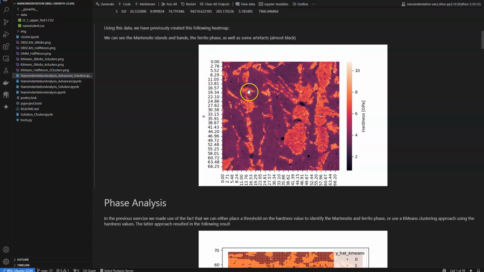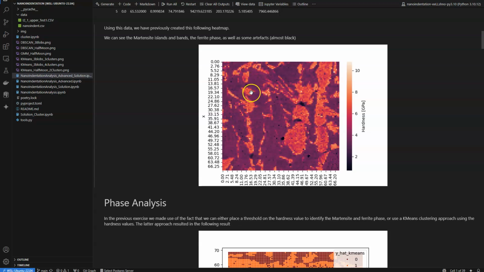And that should, at least that's the approach that we want to pursue and test, that should also allow us not only to discriminate between the martensite and the ferrite phase, but also all of these artifacts. And that is because the reasoning behind it is that if we have one phase here and another phase here, there's a fairly big difference in the hardness, but we also have these regions that are very different again.